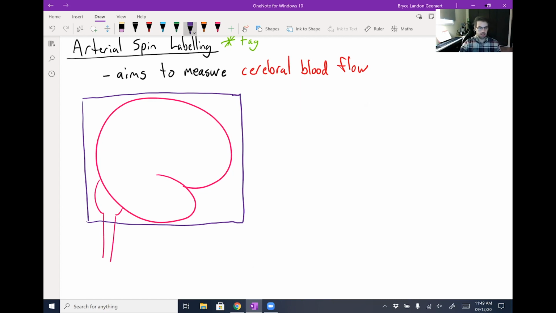The concept in ASL is to tag the blood flowing into the brain before it gets there, and then image the results essentially. So let me just finish this diagram here. You've got a tagged slice in green.